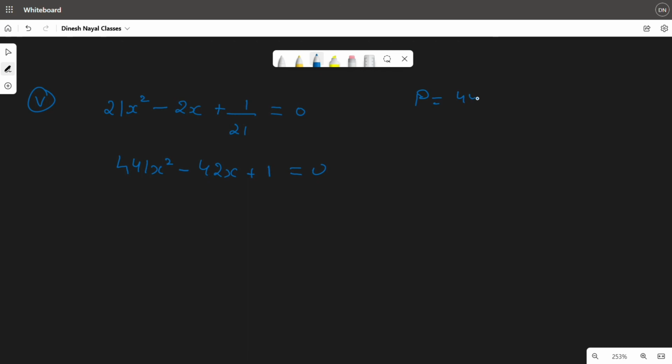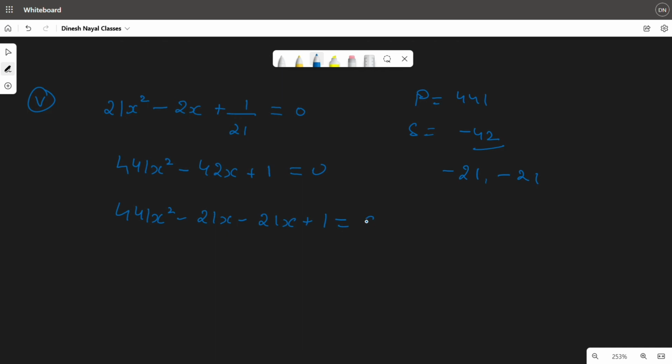So the product should be 441 and the sum should be minus 42. So see, we can directly take the two numbers as minus 21 and minus 21. As we can see, their sum is minus 42 and the product is 441. So taking the numbers as minus 21 and minus 21, we will write 441x square minus 21x minus 21x plus 1 equals 0.